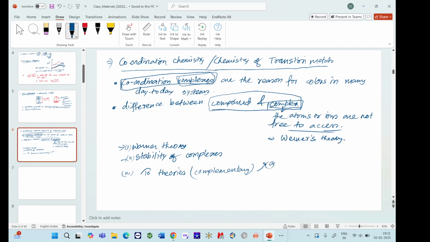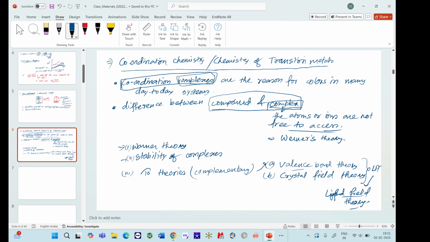One is called valence bond theory. Actually, it's a long old theory, valence bond theory for normal compounds, but there is an extension to coordination compounds also. And then comes crystal field theory. And these two combine actually to give you LFT, that is called ligand field theory.